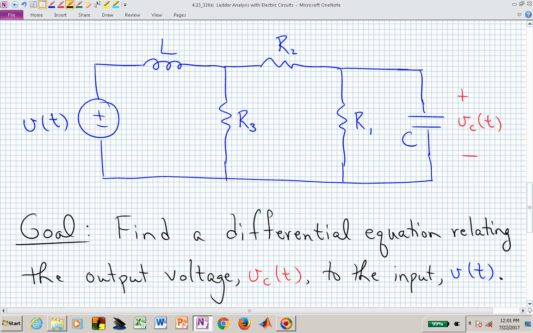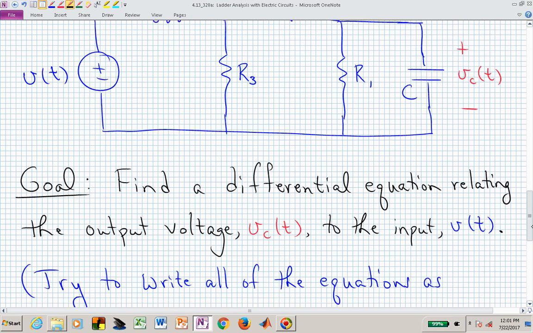In this case, you can probably anticipate the order of that differential equation. That's going to depend on the number of energy storage elements that we have. We have two energy storage elements, so you should be anticipating a second order differential equation that's connecting V sub C and its derivatives to the applied voltage supply V of t.